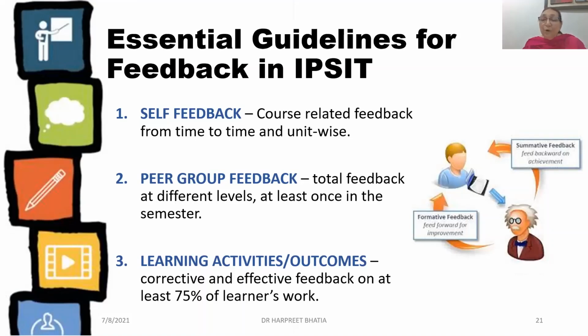So what are the others feeling about their own learning and your learning as part of that group? And the third aspect is the learning activities or outcomes, which should be given on at least 75% of the learner's work, so that the student also understands his or her level as to where he or she is as far as the academic goals are concerned.